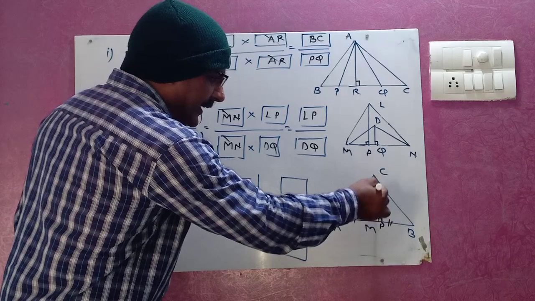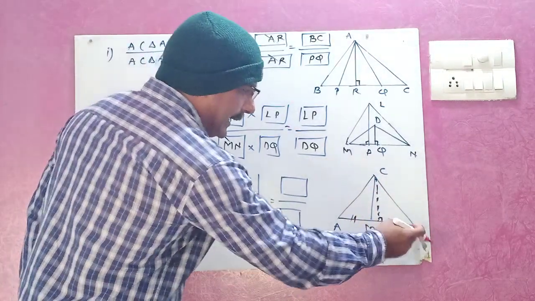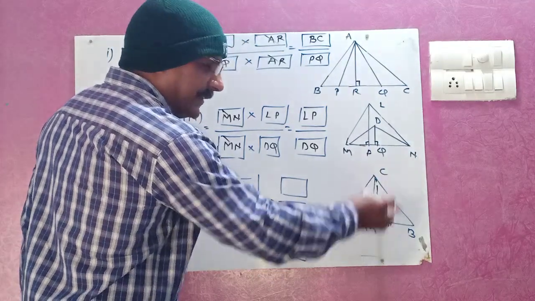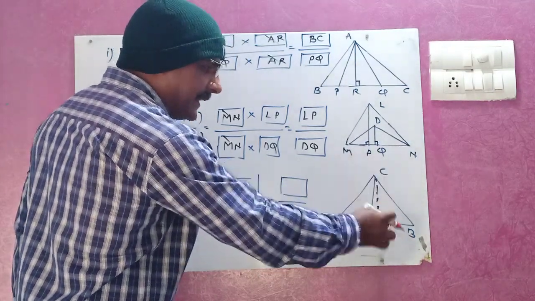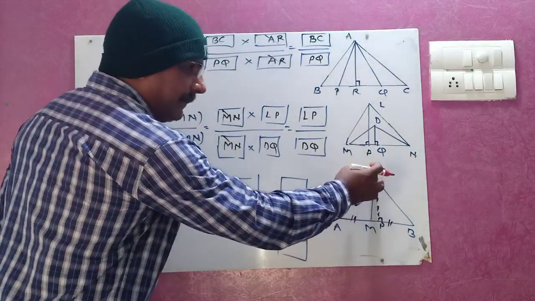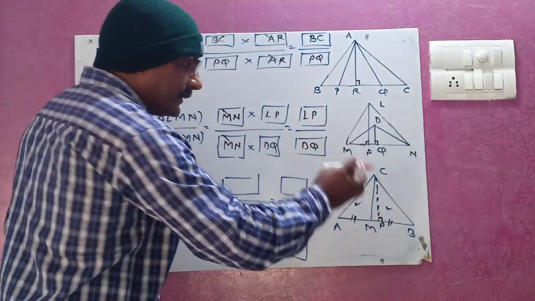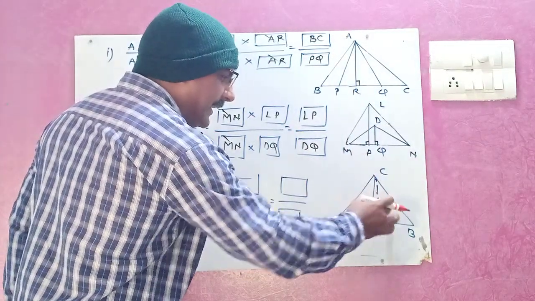I did a construction here. I have drawn a perpendicular from vertex C on AB. So CP is a perpendicular. It means CP is the height for triangle AMC and for triangle BMC. Means the height of both the triangles is equal.